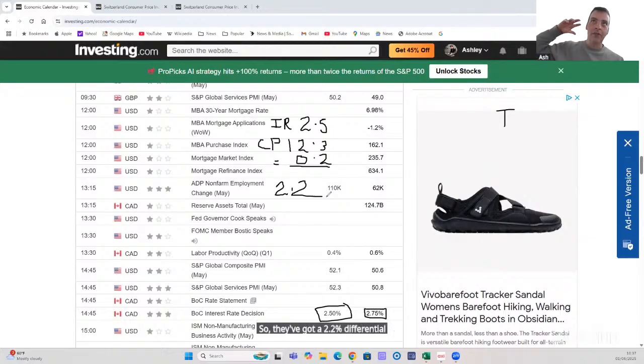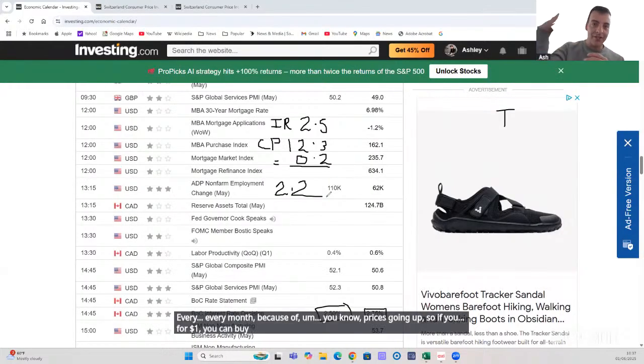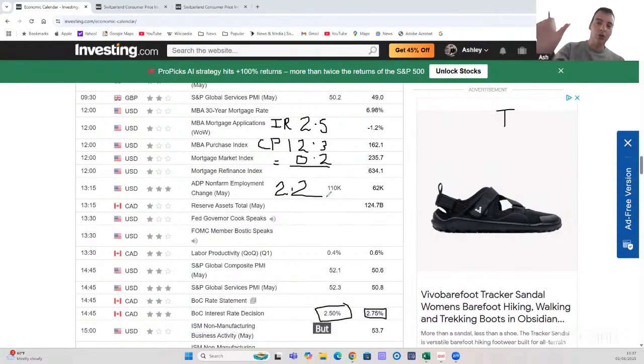So inflation will eat away the money you have every month because of prices going up. So if you have $1, you can buy 2% less, but if your dollar's in the bank, then you're actually slightly better off because of the interest rate differential.